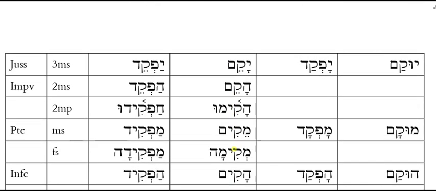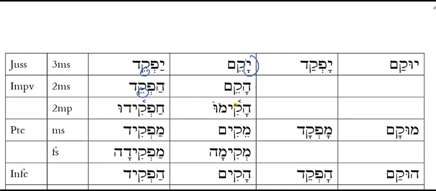The jussive, yafkade, for the strong verb, yakem for the hollow verb, almost the same. A-class vowel in both cases. Sere, sere, but it's open and long because I don't have three consonants where the first one can close the syllable here. Imperative, hafkade. So remember our sere forms here, and ha came.